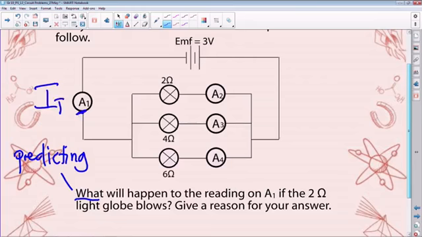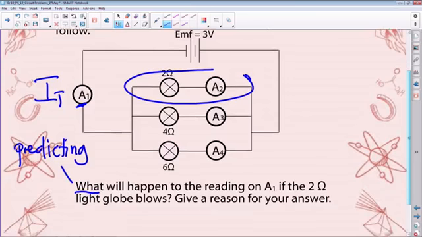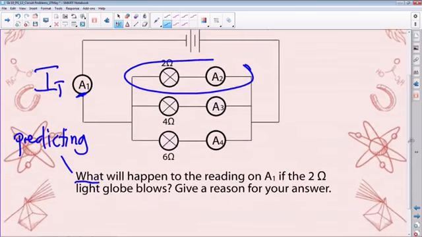On A1, if the 2 ohm light bulb blows, it means this part of the circuit does not exist. Now we are left with the 4 and the 6 ohm. Right. Now, we can start by looking at what will happen to the equivalent resistance, your R total, because the 4 and the 6 ohms still provide the only 2 alternative paths for current to flow.